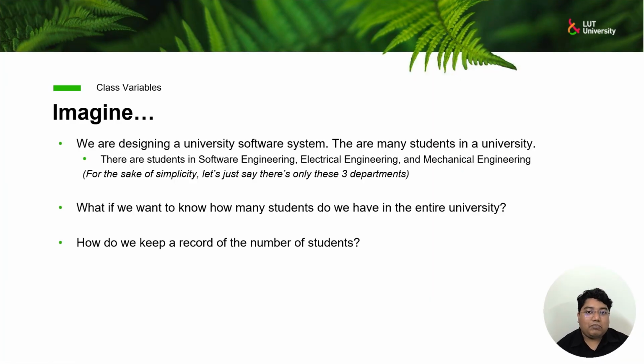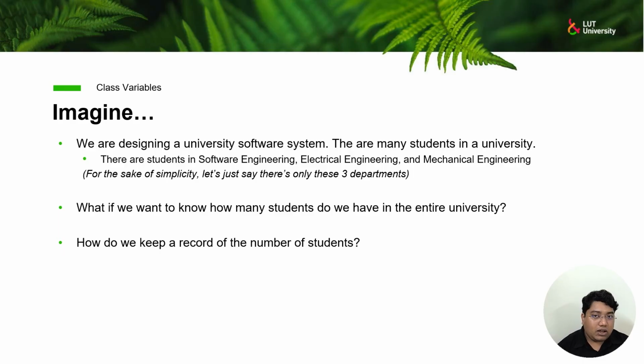Now, let's think about a practical problem. Imagine we are building software for a university. We have many students. Some belong to software engineering, others belong to electrical or mechanical. And suppose someone asks a simple question. How many students are there in the university? As simple as that.